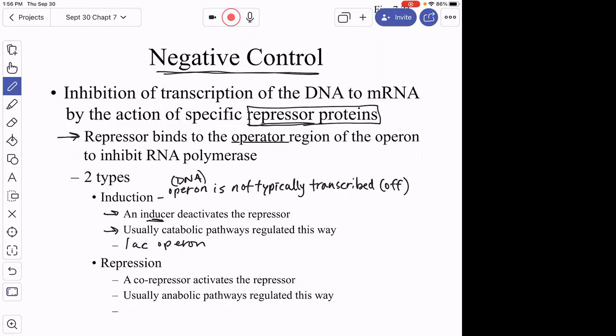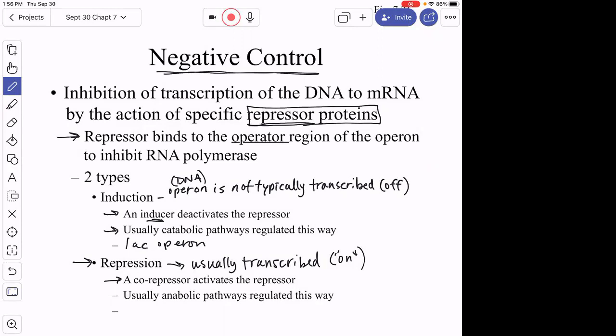A repressible operon, then, is usually transcribed. In other words, it's usually going to be on. Only if there's some kind of co-repressor does it get turned off.